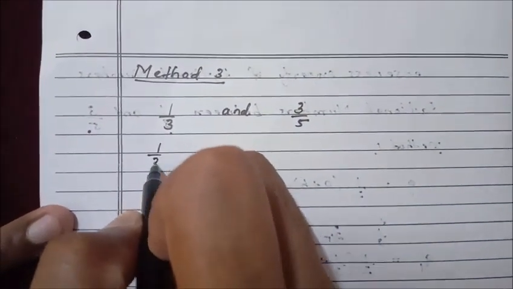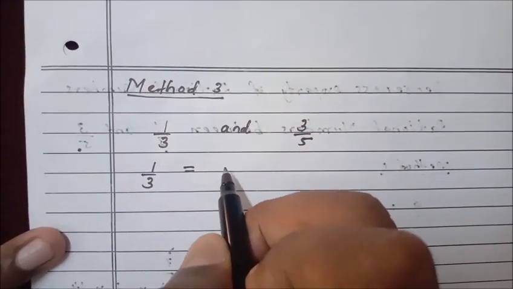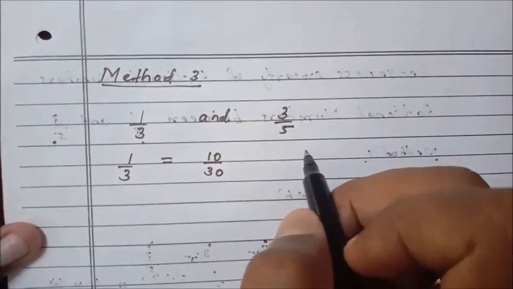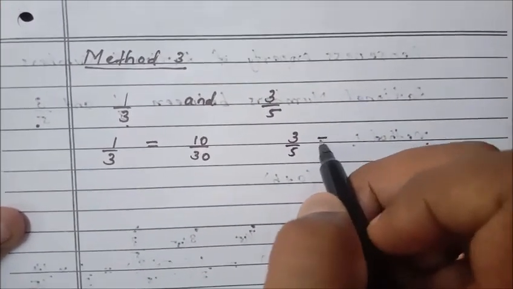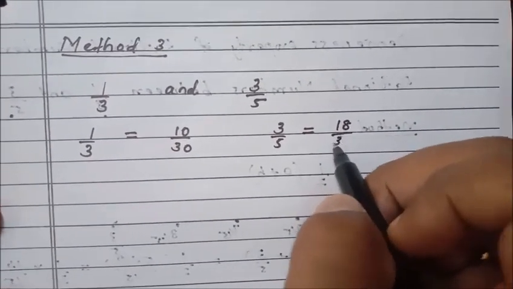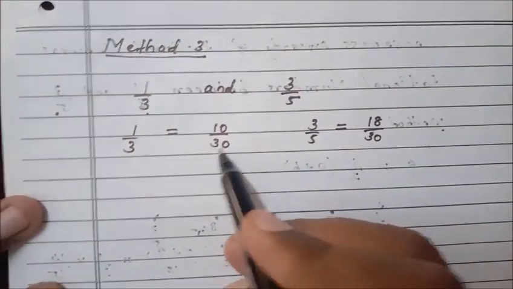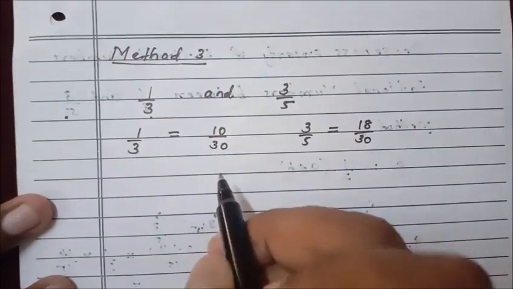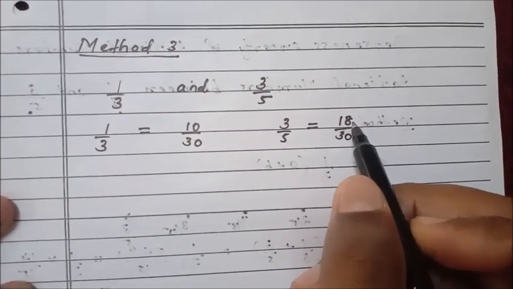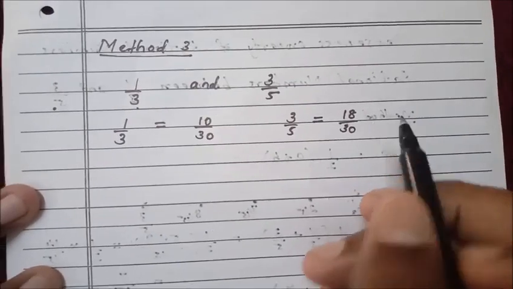So the equivalent rational number of 1 upon 3 will be equal to 10 upon 30, and for 3 upon 5 the equivalent rational number will be 18 upon 30. Here we can see that we have made the common denominator as 30. So between 10 and 18 there are 7 integers.